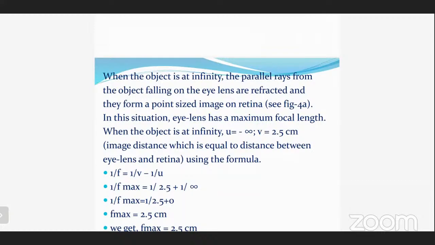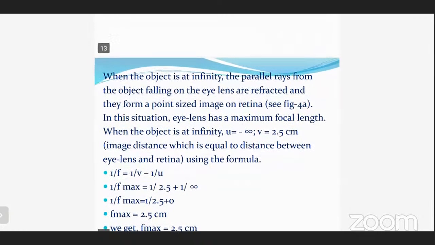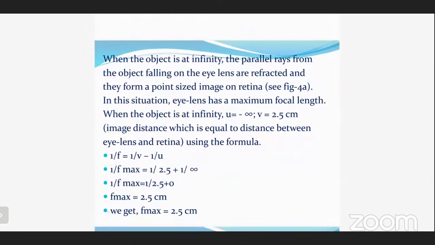Why is it taken as minus? Any observation? In the previous chapter, you learned the sign convention for that. When do we take positive and when do we take negative values?